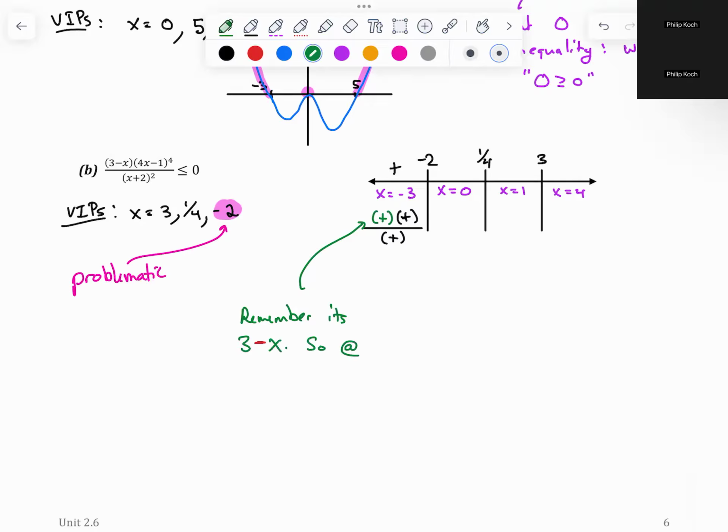So at x equals -3, we have 3 minus -3, which equals +6.